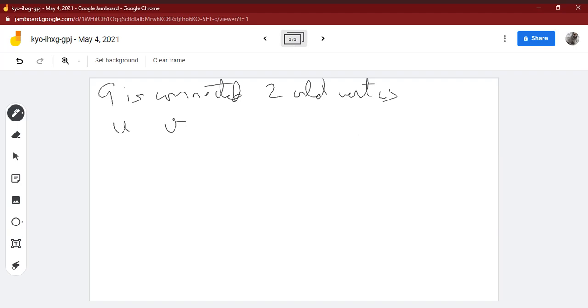That's why G cannot have just one odd vertex. Remember that we have done this theorem.